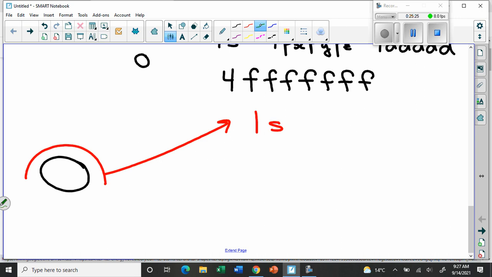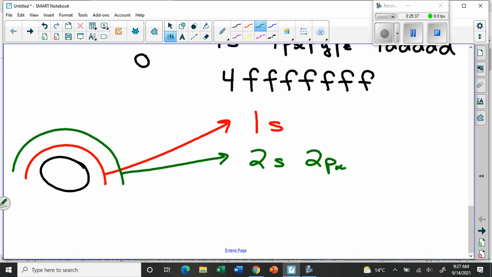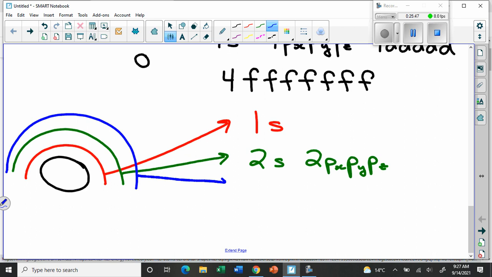And then if I take the second level of Niels Bohr's model and Rutherford's model, and I put it here, we find that it has an S-shaped orbital, but it also has the p, the x, the y, and the z orbitals. And if I take a third level, that third level has an s, it has p's, and it also has the 5 d's, d shapes.